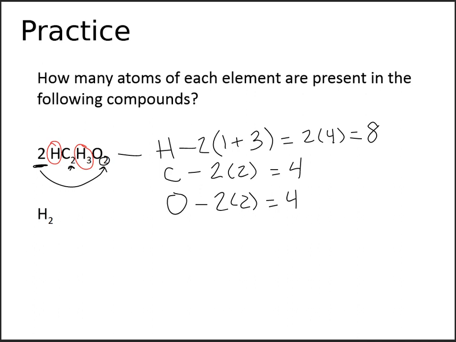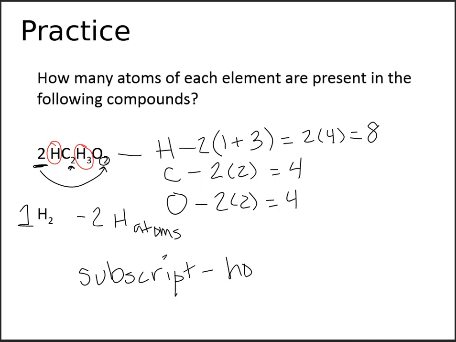Now this next one is an easy one. When you don't see a number in front of the molecule, assume that you have 1. So this just has 2 hydrogen atoms. So don't forget, subscript, that's how many of an element.